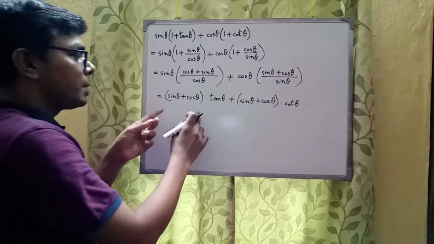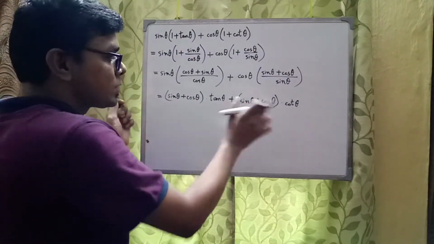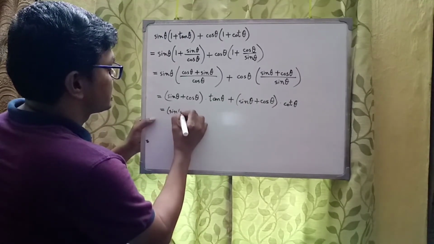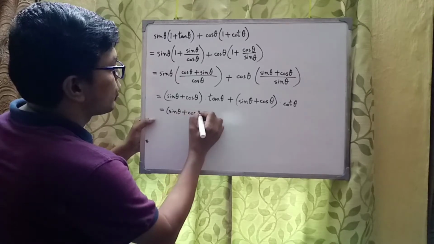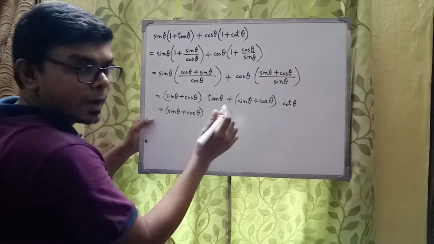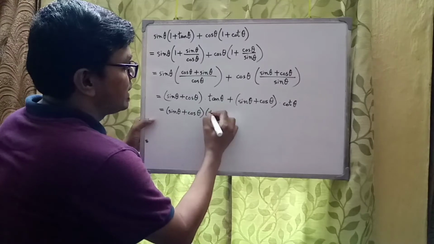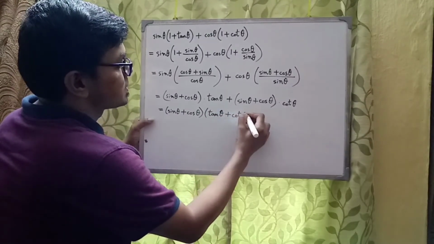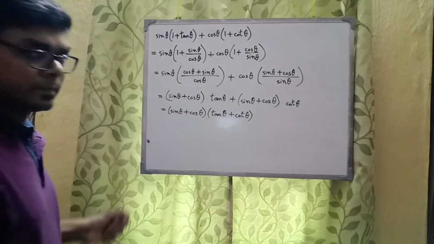Now we see that sine theta plus cos theta becomes a common factor for both these two terms, so we take this whole term sine theta plus cos theta as a common factor from both, and we are left with tan theta plus cot theta.